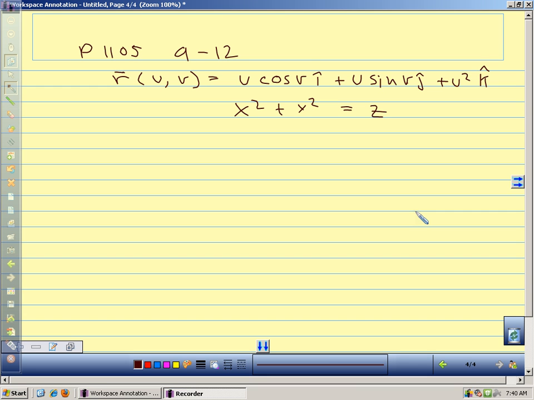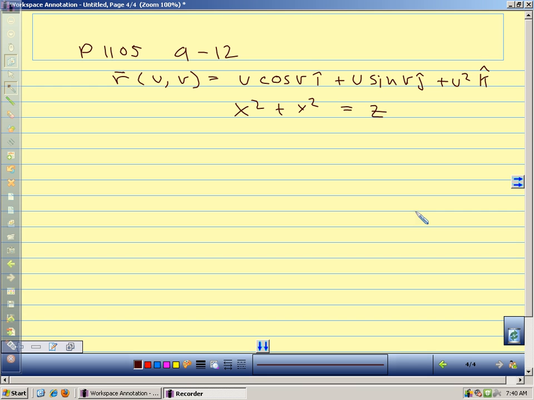So number 10, we have u cosine v i plus u squared j plus u sine v k. How is that going to change? Caitlin says it's going to go to the side instead of going up. So our axis is going to be the y-axis instead of the z-axis.